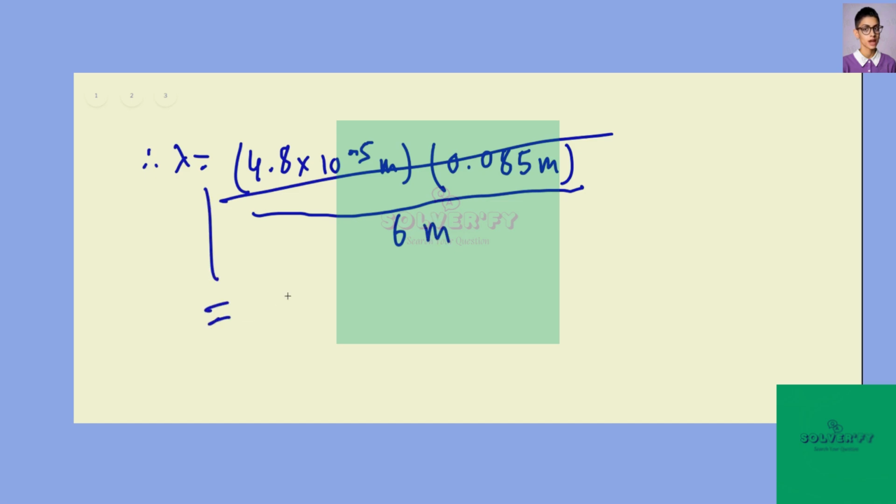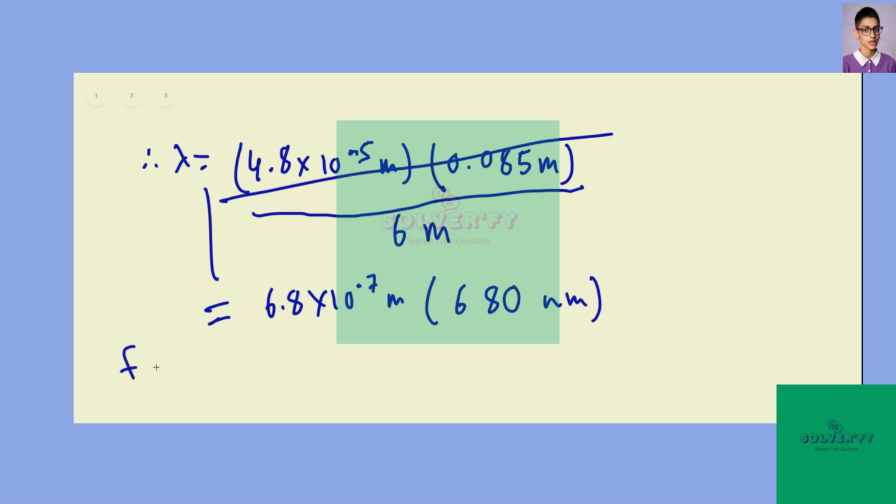What you get is lambda is 6.8 times 10 to the negative 7 meters, which is 680 nanometers.